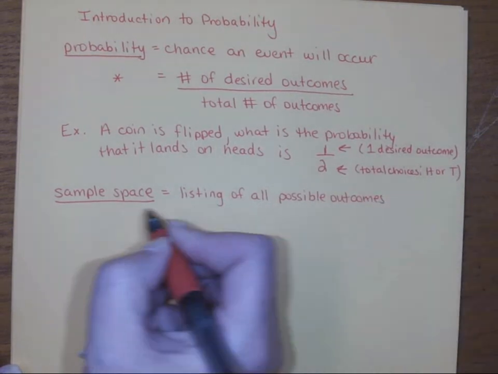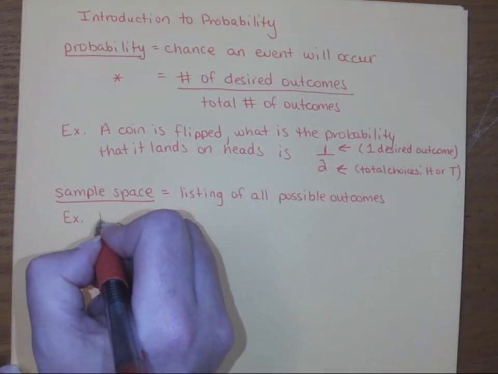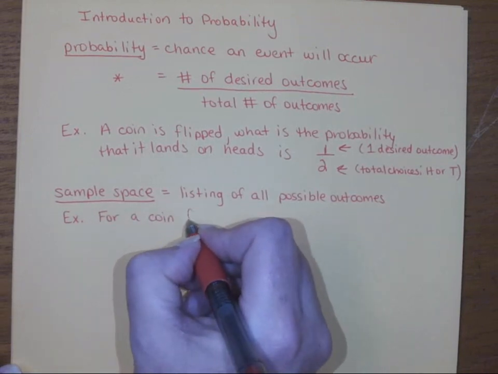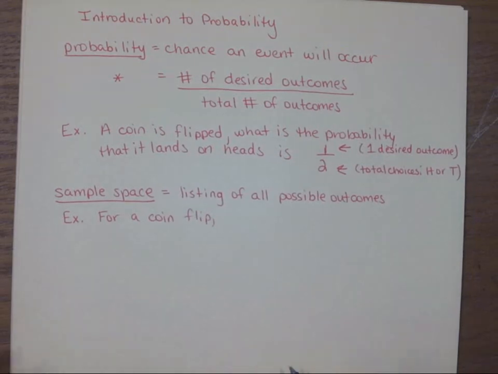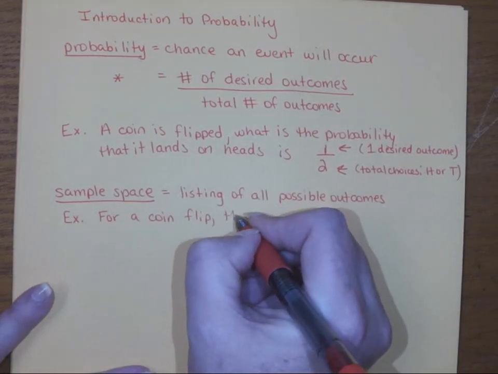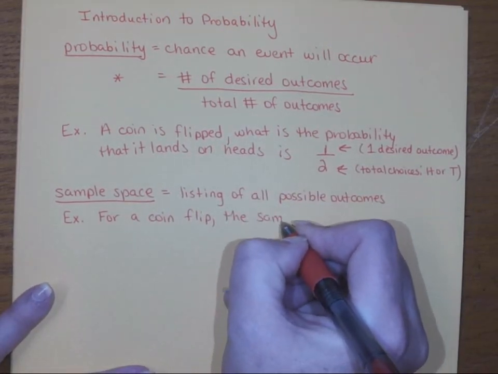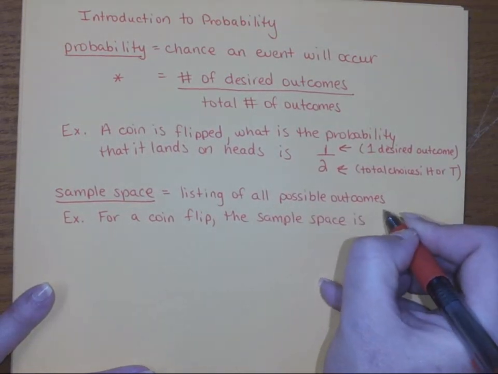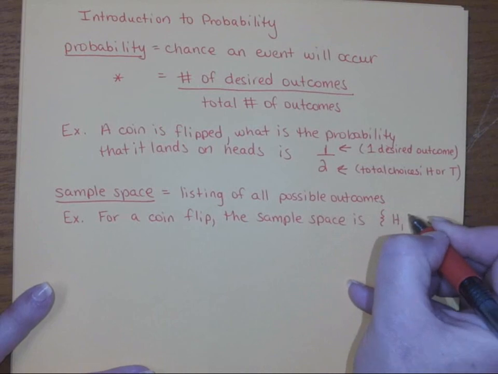Anytime you have a list of items, you will usually use set notation for that. So all that means is curly braces. So for a coin flip, the sample space is simply heads or tails. I'm going to use H for heads and T for tails.